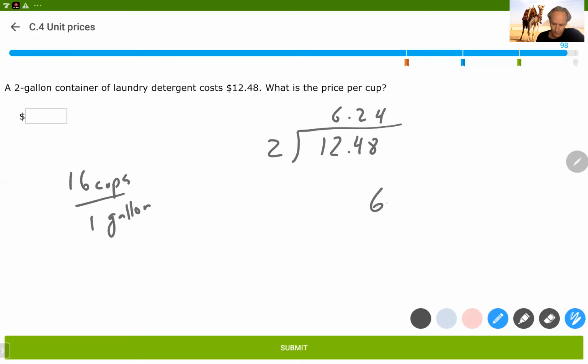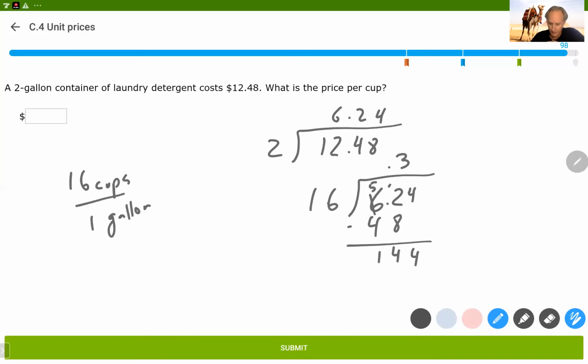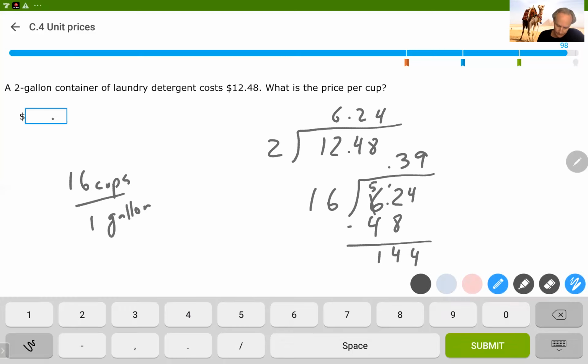And 624 divided by 16, 16 goes in 3 times. That's 48. 4 times would be 64, so that's too much. Borrow, that's 4, 144. 16 goes into 144 9 times, and 39 cents per cup. Seems reasonable. Pretty cheap, actually.